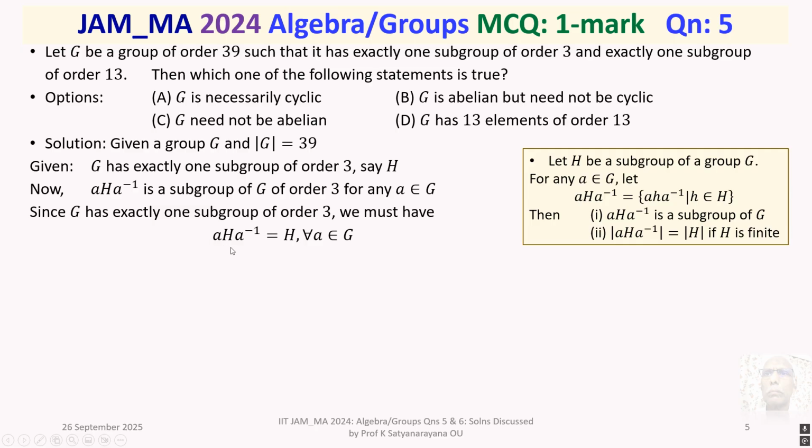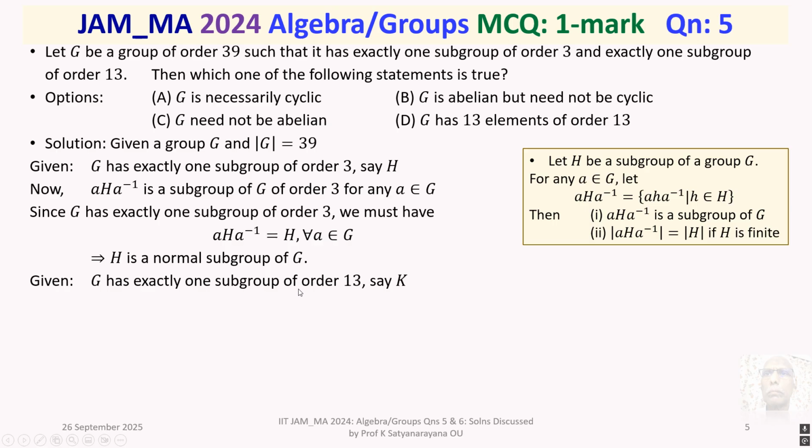So aHa inverse equal to H for all a belongs to G will imply H is a normal subgroup of G. And we are given G has exactly one subgroup of order 13, say K. As above, K is a normal subgroup of G.